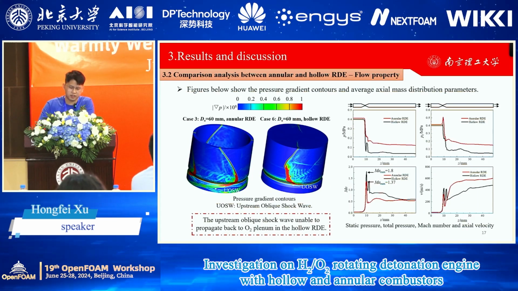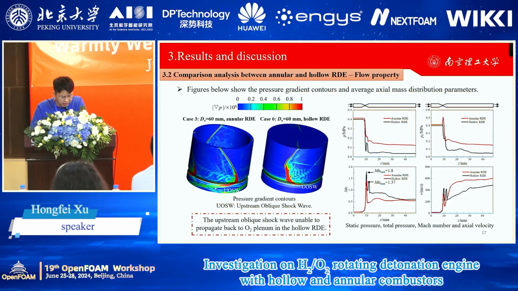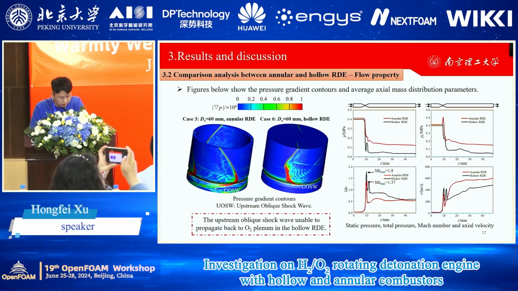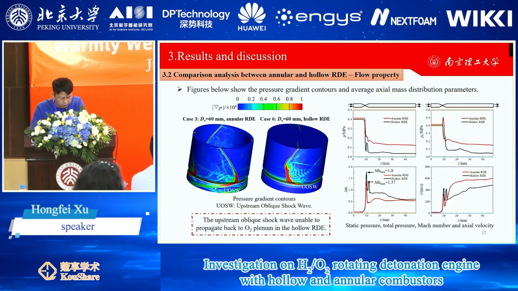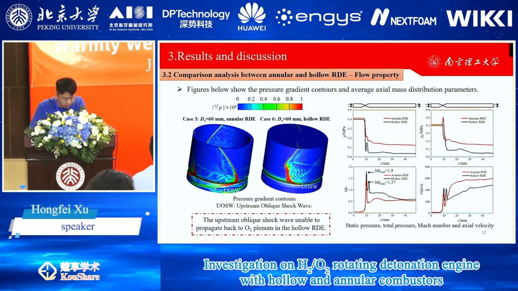As shown in the figures, the upstream oblique shock wave in the annular RDE can propagate back to the oxygen plenum, while the shock waves in the hollow one can only propagate back to the sludge of the combustor.